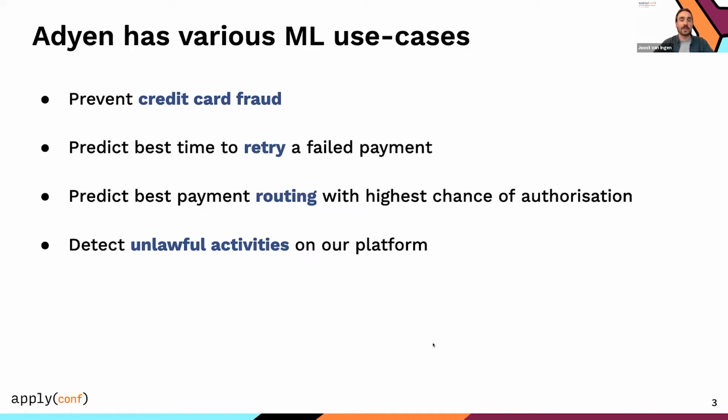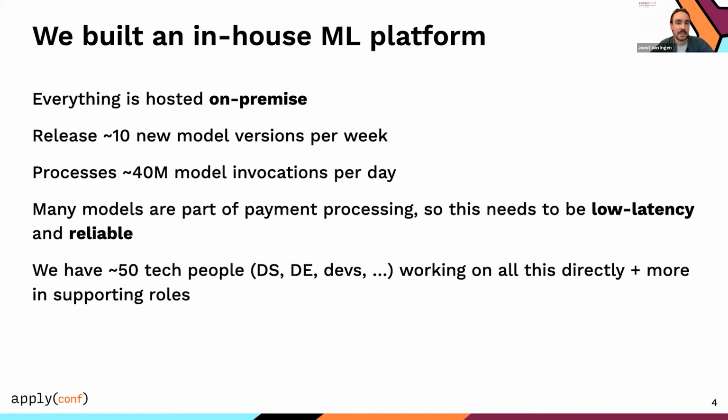So in order to support all these use cases, at Adyen, we built an in-house machine learning platform. Important to know about this platform is that everything is hosted on premise. Early on in the history of the company, Adyen made the decision to not use public cloud, so we have to host everything ourselves.